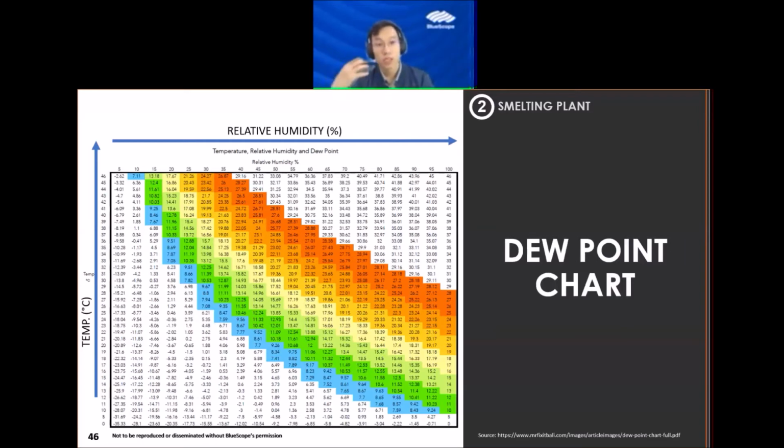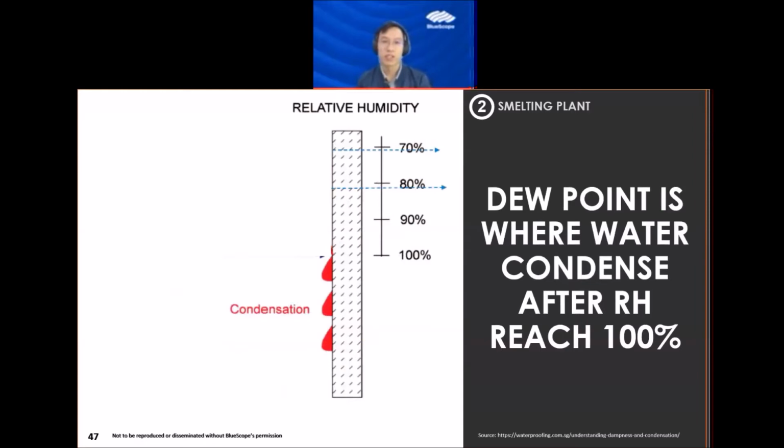And later on, we'll actually use this table to show you why we think a smelting plant will have the risk of water condensation, right? And how to actually determine that, and also eventually how to actually prevent it. Okay, so dew happens in two different scenarios, two different variables I mentioned: humidity or temperature.